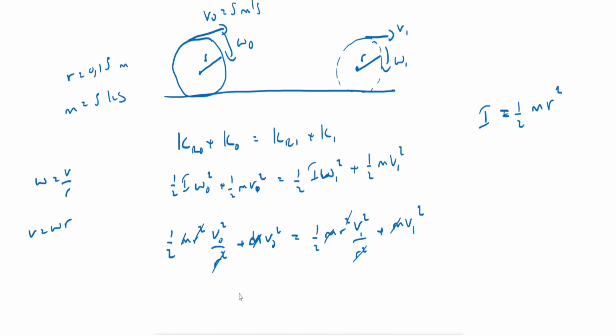So I'm basically left with half v0 squared plus v0 squared, equal to half v1 squared plus v1 squared.